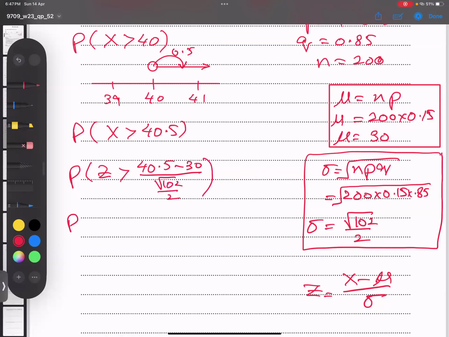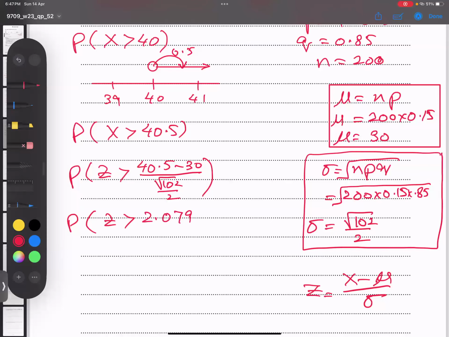Now when I type this in the calculator, 40.5 minus 30 divided by root 102 divided by 2, it gives me 2.079.